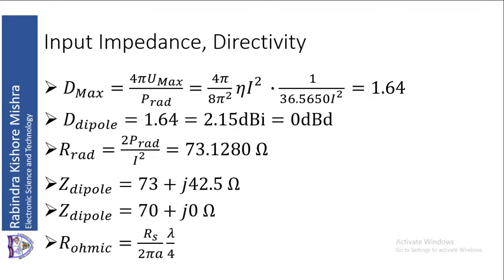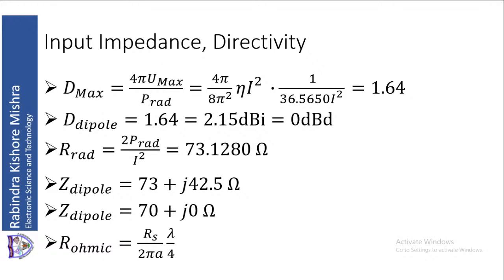We will discuss why it has an inductive term in the next class, when we discuss the design considerations of dipole antenna. But remember, Z dipole is equal to 73 plus j 42.5 ohm. If we try to remove this inductive part by making some adjustments in the dipole design, then Z dipole becomes almost 70 ohms. Not exactly 70 ohm, it will be 68, 69 ohms, something like that. So that will be the input impedance of the dipole.